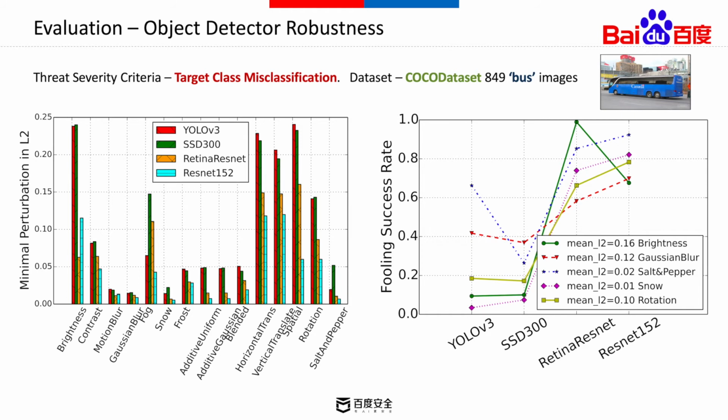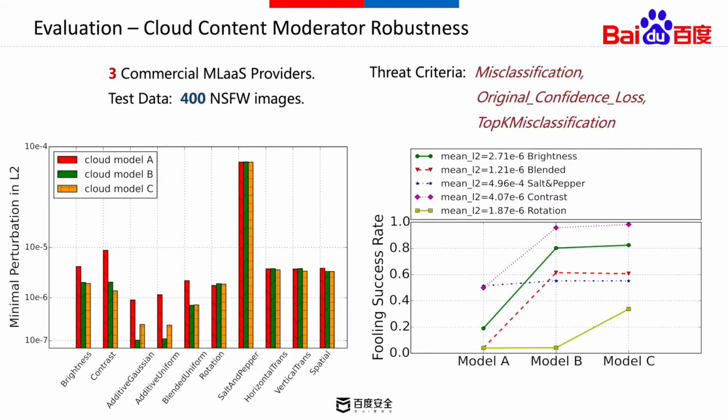Basically, we took the mean minimal L2 distance of all the testing images over all the models as the threshold for each safety property. We regard it as a success when the amount of minimum perturbation needed to fool the model is less than the threshold. With this different metric, we confirm our finding that most of the time, object detectors are more robust than the image classifiers.